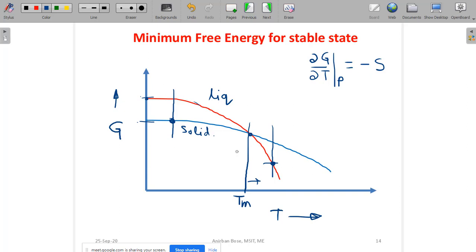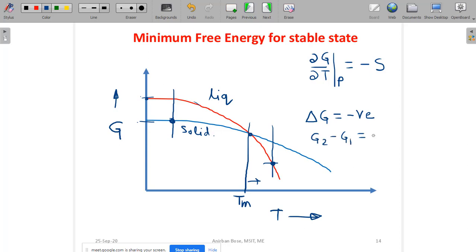So it is clear that for a spontaneous process, or a natural process, the change of free energy must be a negative quantity. Change of free energy means, if the process is taking place from 1 to 2, delta G indicates G2 minus G1.